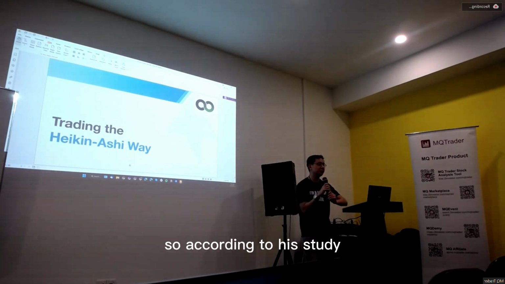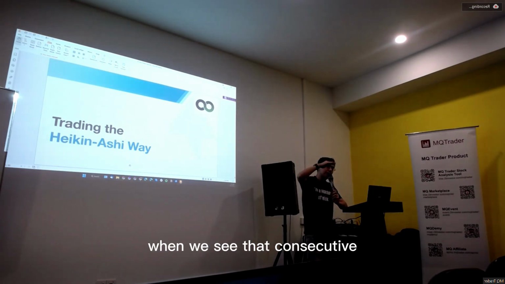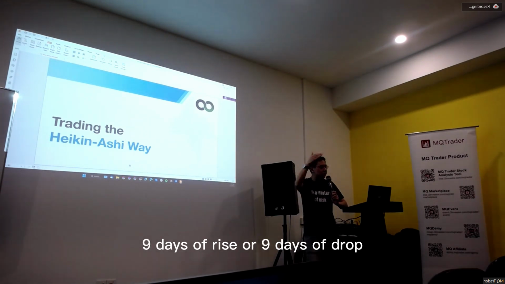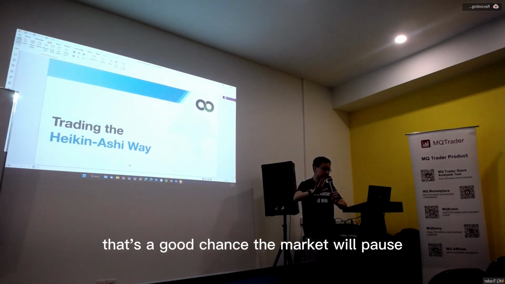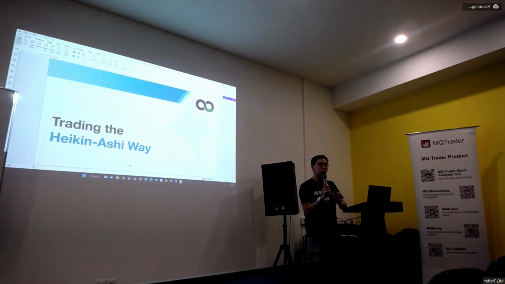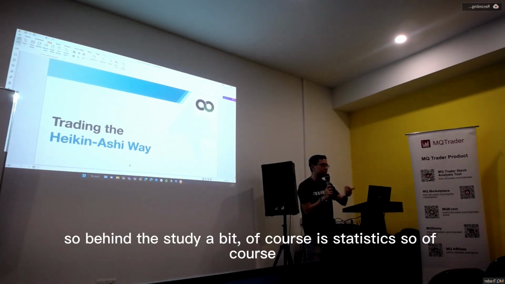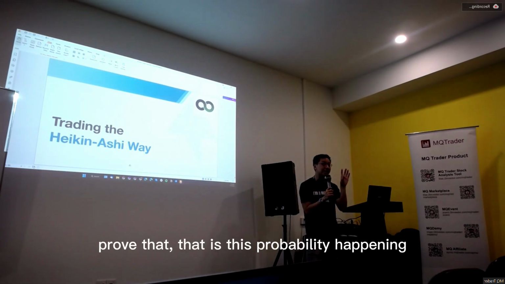According to his study, it's not 100%, but there's a good chance in the equities market that when we see a consecutive 9 days of rally or 9 days of drop, the market will pause. When it pauses, there might be a sign of a reversal. Behind the study, of course, is statistics. Demark does his work, and there are statistics to prove that this probability exists.